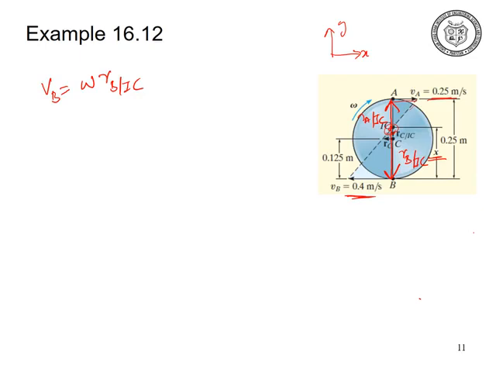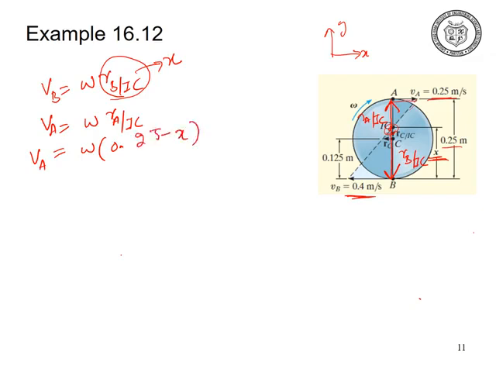What will be the velocity for the particle A? VA will be omega times RA with respect to IC. Let us say that RB with respect to IC is equal to x. What is RA with respect to IC? This will be 0.25 minus x. So VA will be equal to omega times (0.25 minus x).